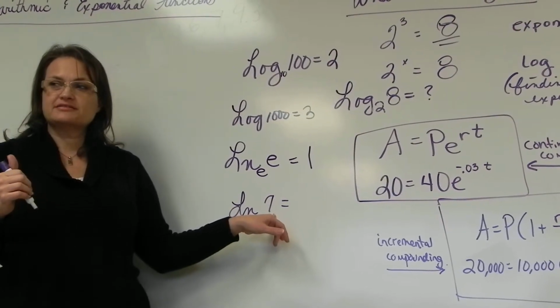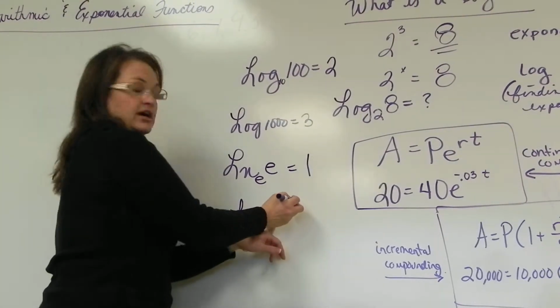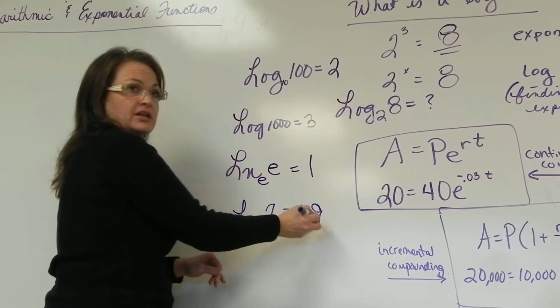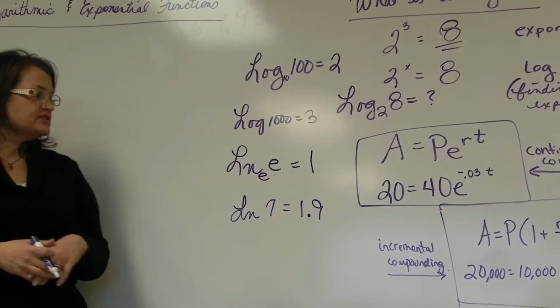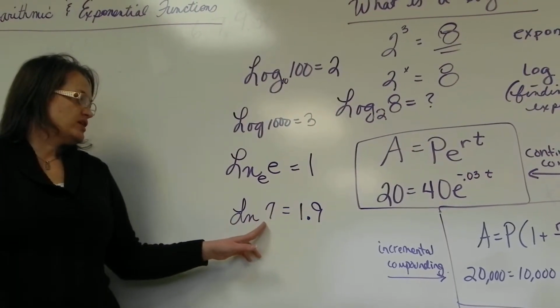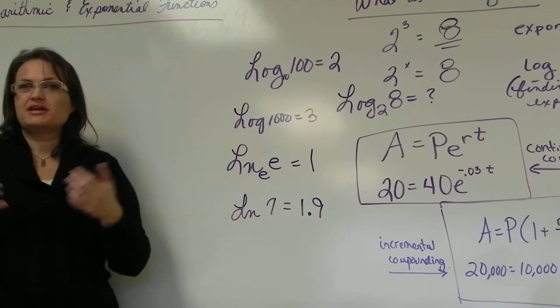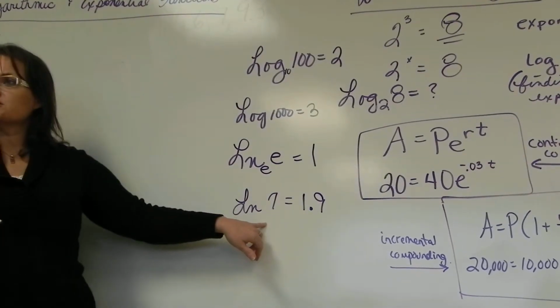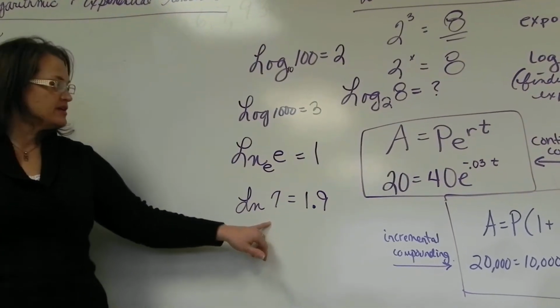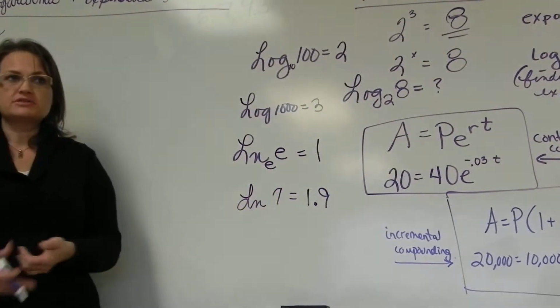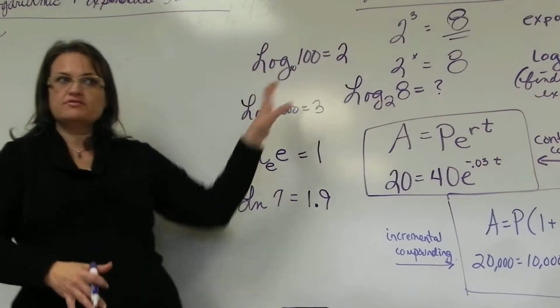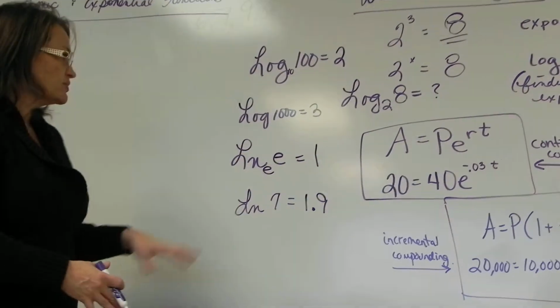What did somebody get? 1.9? About 1.9? So that seems reasonable. Say e was 3. 3 to the second would be 9. I mean, that would be an estimate. e is a little less than 3. It's 2.7 something. Raised to that power should equal 7. All right, so that's the meaning of the log, and we'll come back to that in a later lesson.